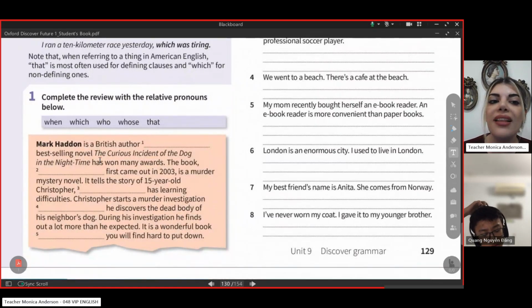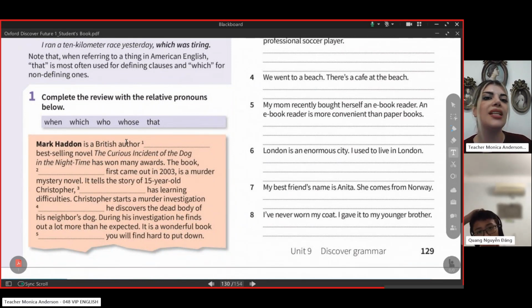Now let's complete this part using relative pronouns. Mark Haddon is a British author whose best-selling novel, The Curious Incident of the Dog in the Night-Time, has won many awards.